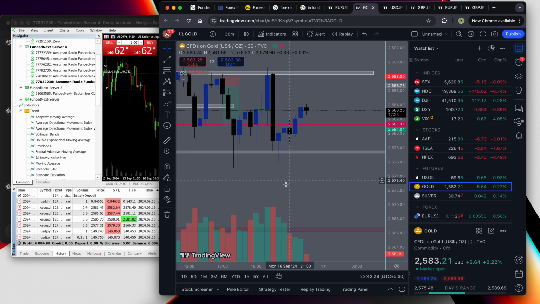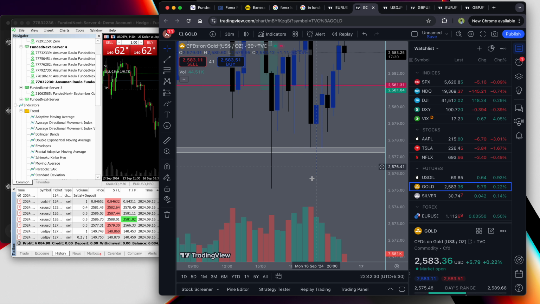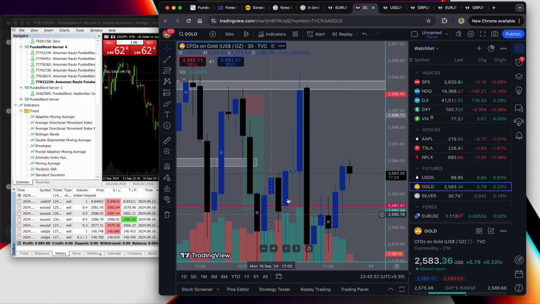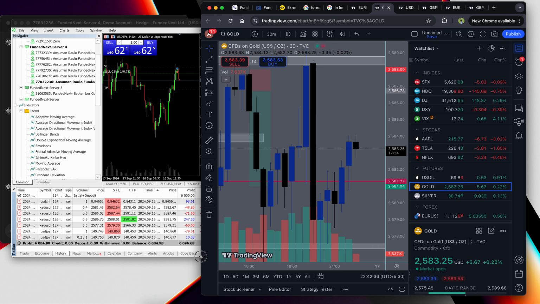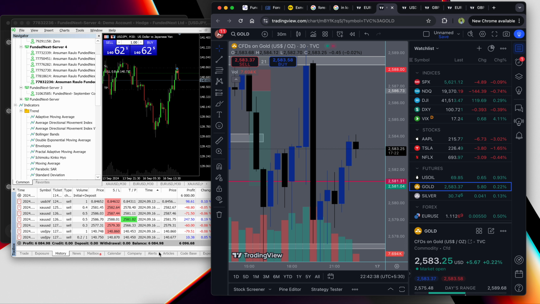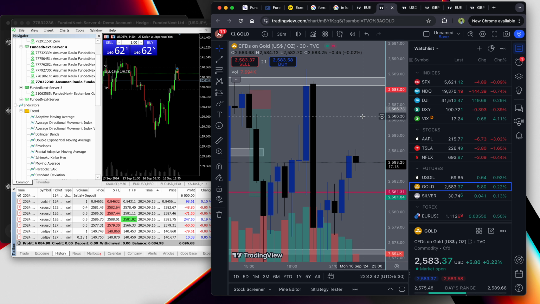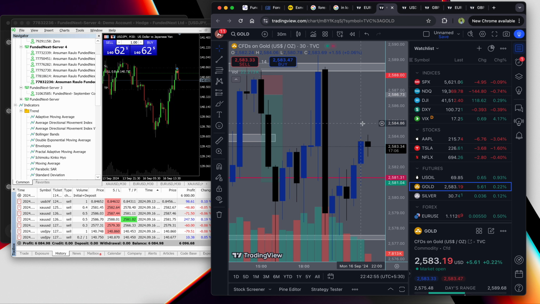As you can see, you can also copy the opening price, SL price and TP. This is the SL price here, 2588.01, and 2588.0100, okay, the point difference doesn't matter a lot.